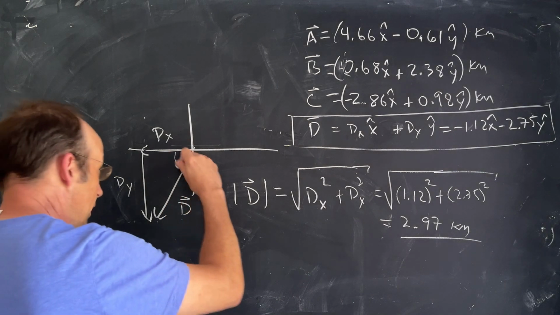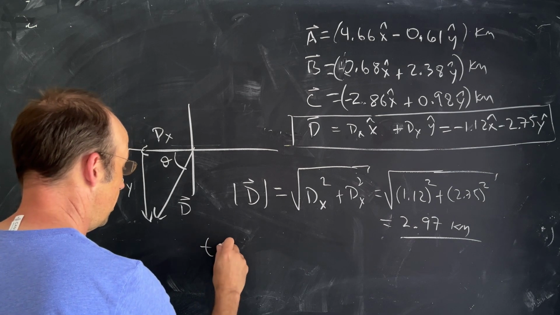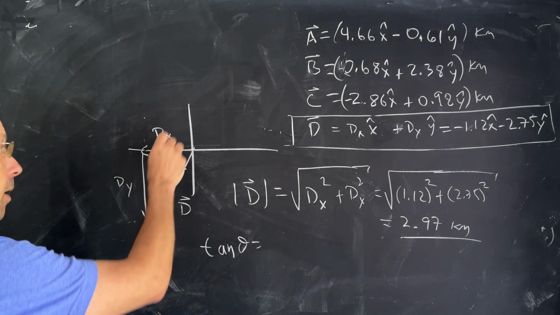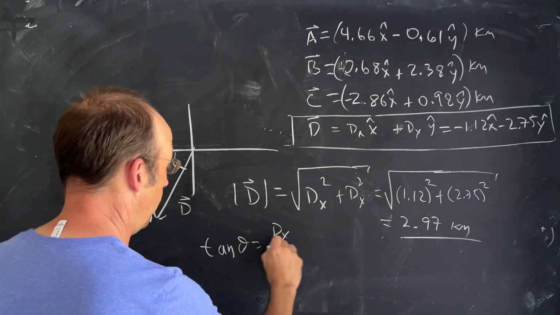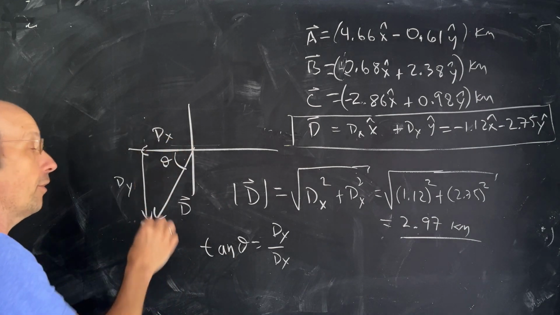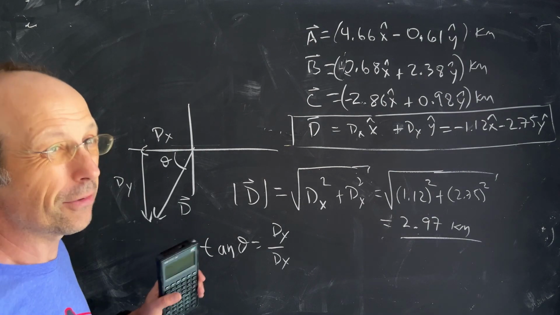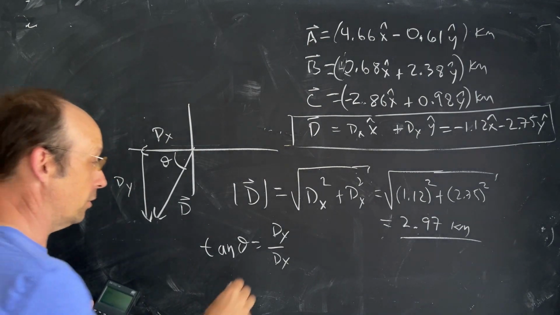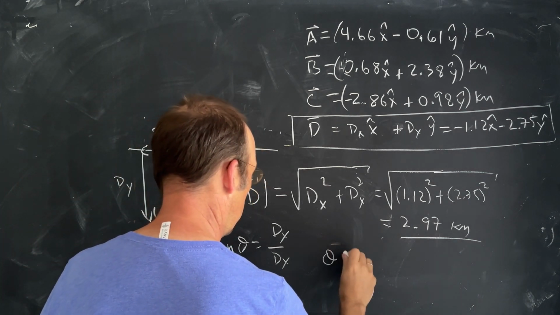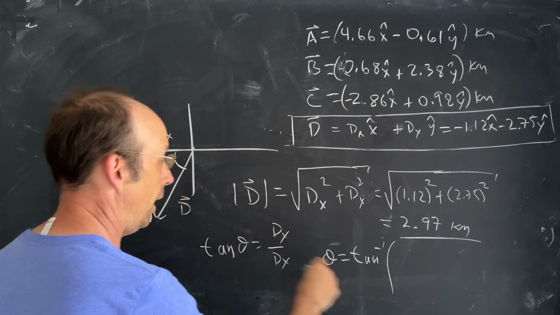Now, what about this angle here, theta? Well, there's a couple things you could do. The easiest is just say the tangent of theta is opposite over adjacent. That's going to be dy over dx. Don't worry about positive and negatives here because we've already drawn the triangle right here and that angle. So we're not putting in negative values there, even though it doesn't really matter in this case, but use positive values. So that means that theta is going to be tangent inverse of dy over dx.